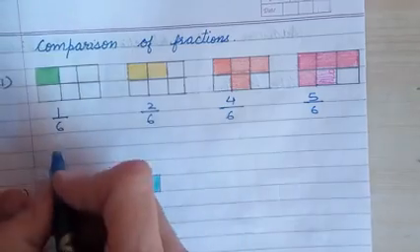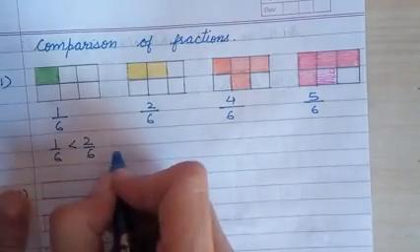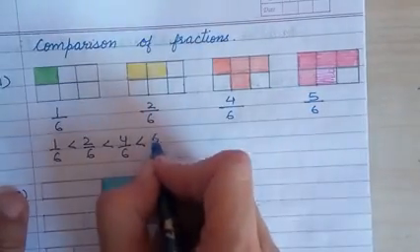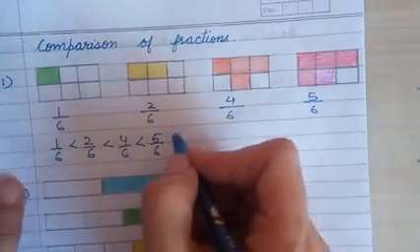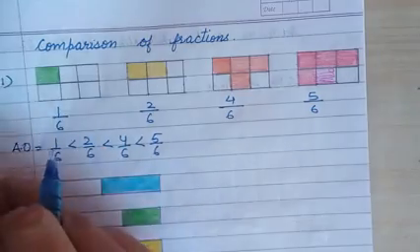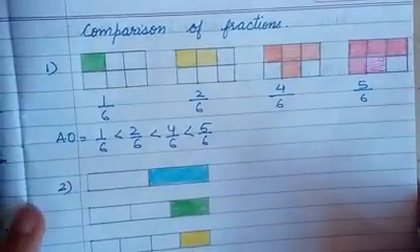Here you will observe that 1 by 6 is less than 2 by 6, is less than 4 by 6, and is less than 5 by 6. When we start from the smallest number and go to the highest number, we say that we are arranging in ascending order, increasing order.